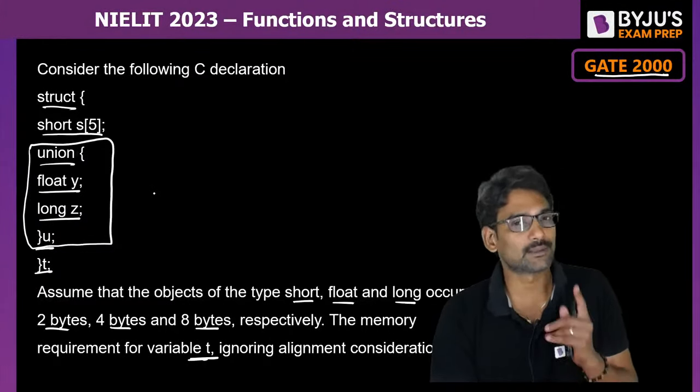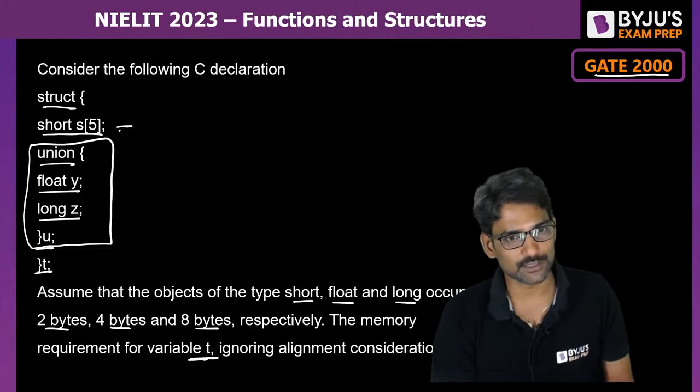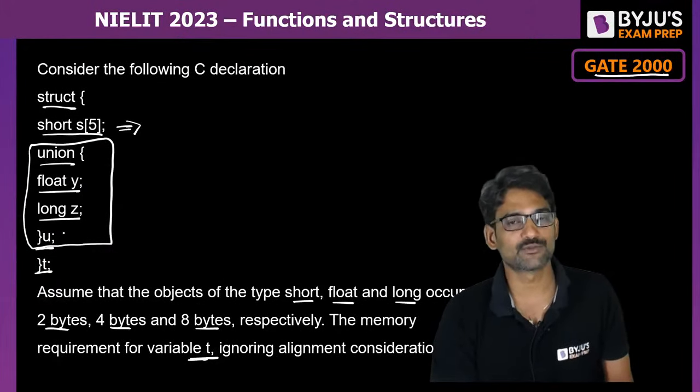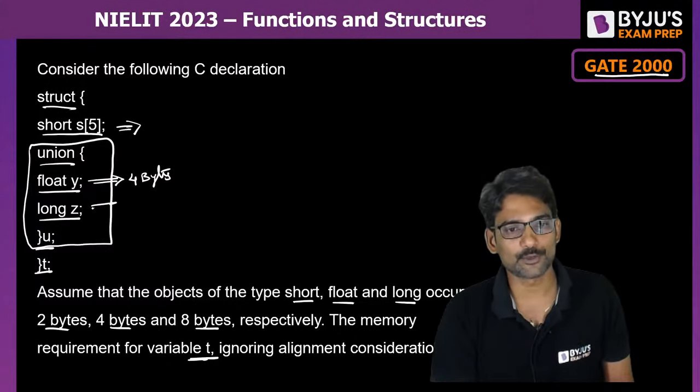Now, what are the members of the structure? Short is one member, union is one member. Now, float occupies how much space, as given? 4 bytes. Long occupies how much size? 8 bytes.